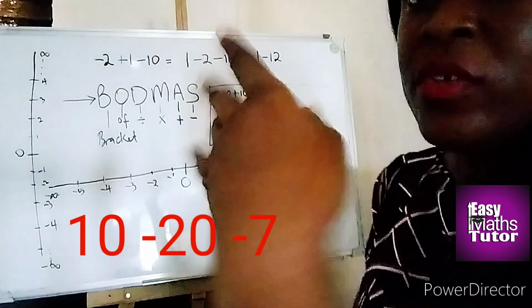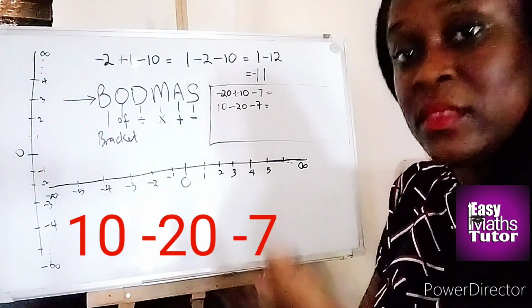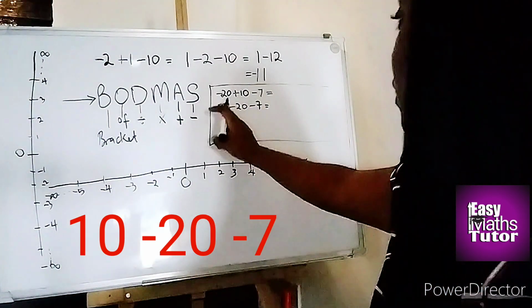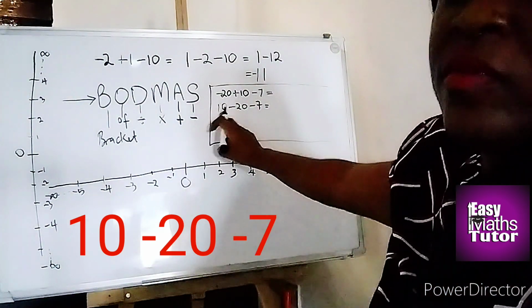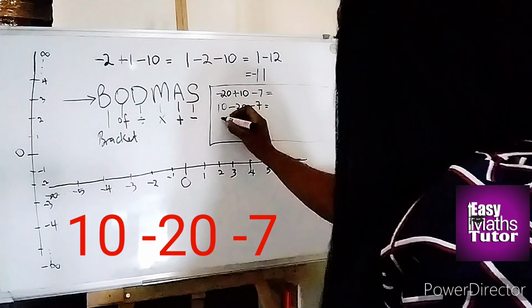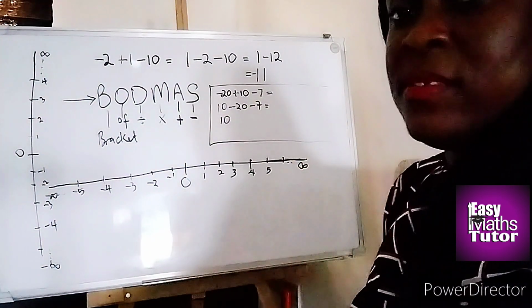Remember, every sign in front of a number belongs to that number. It is a twin of that number. It is married to that number. So we will have 10 is positive, 20 is negative, and 7 is negative. So we'll keep 10 standard, and then we'll add up 20 and 7.